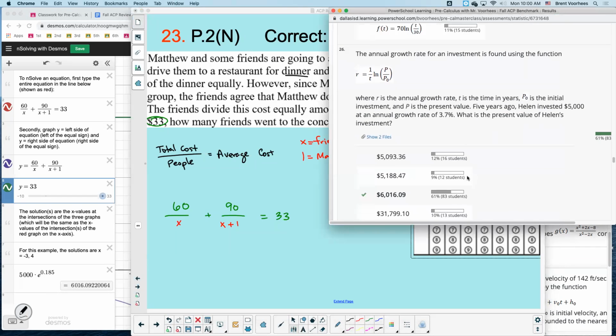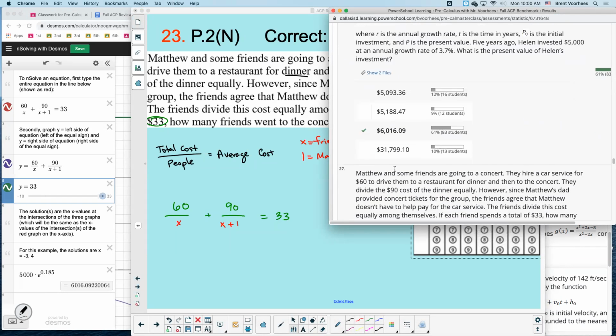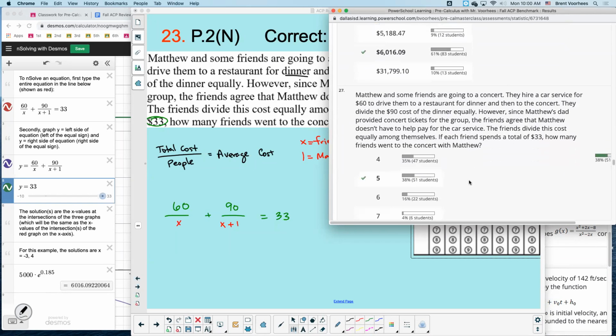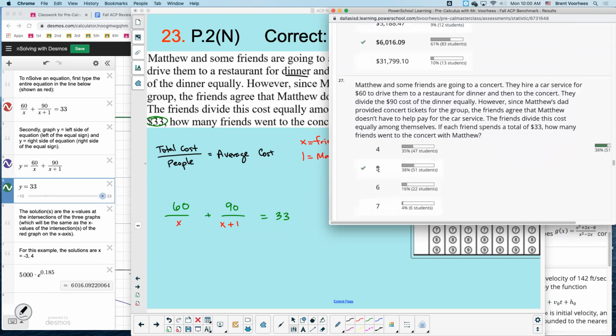What did I do wrong here? Well, I'm listed as 5. Did I change this problem from what's on my document? Okay, so I'm pausing here. I might have just a typo in my key.